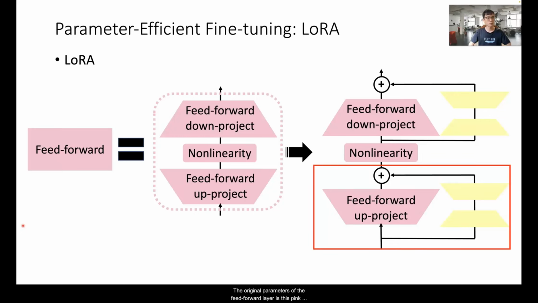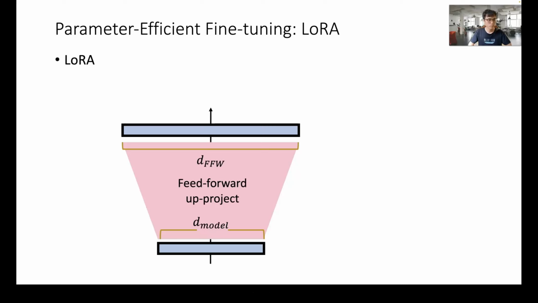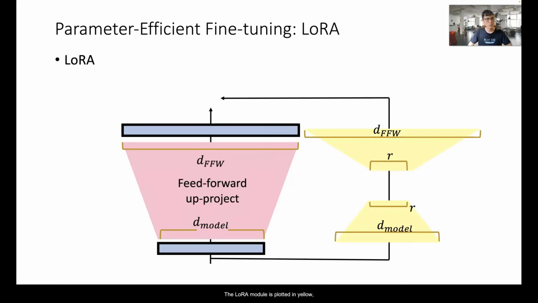The original parameters of the feed-forward layer is the pink block shown here. It takes the output from the previous layer with dimension D model and projects it into D FFW, which is short for feed-forward. The LoRa module is plotted in yellow, and as the shape indicates, it consists of two feed-forward layers.